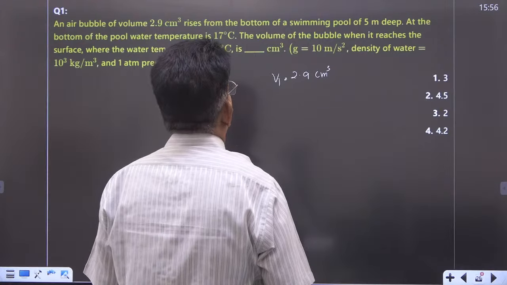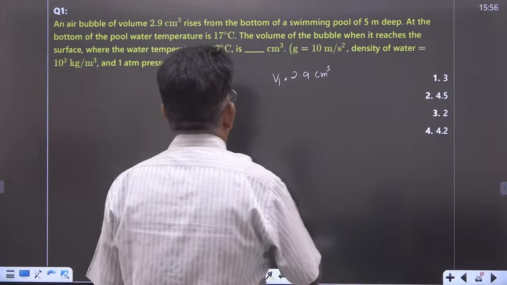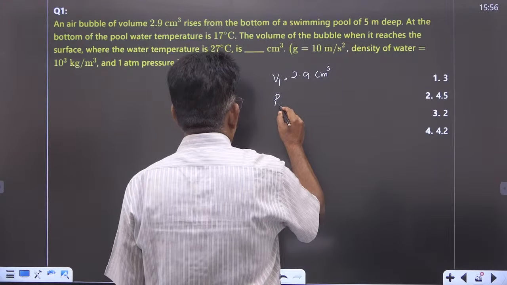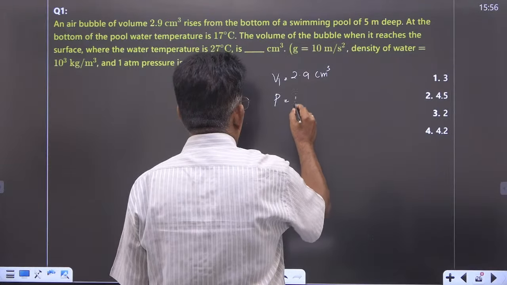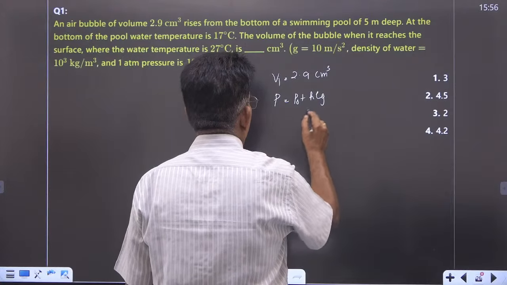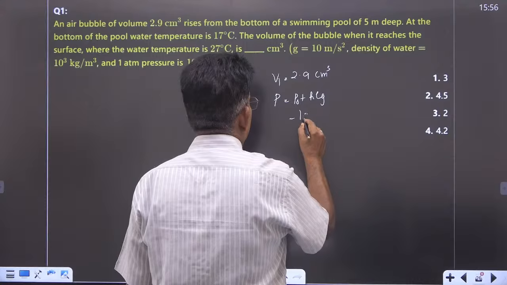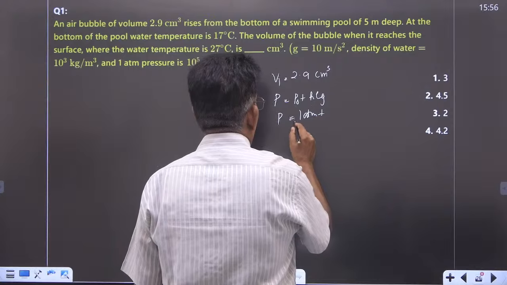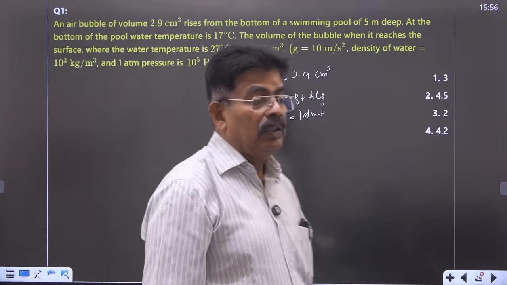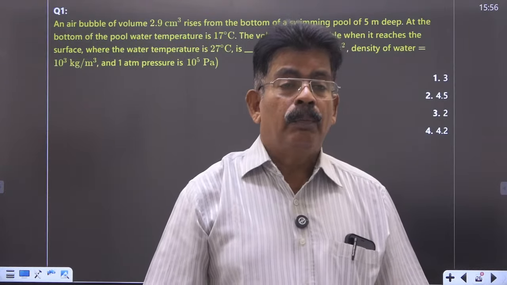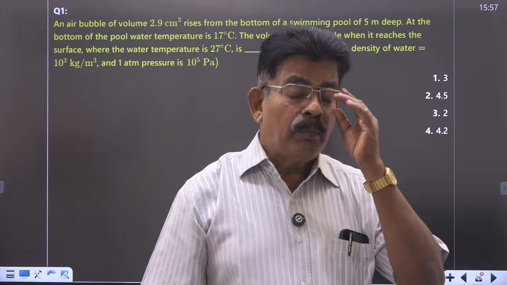Then at a depth of 5 meter, the absolute pressure in the liquid will be atmospheric pressure plus H rho G. We know atmospheric pressure is 1 atm. Due to water, a 10 meter water column gives 1 atmospheric pressure.